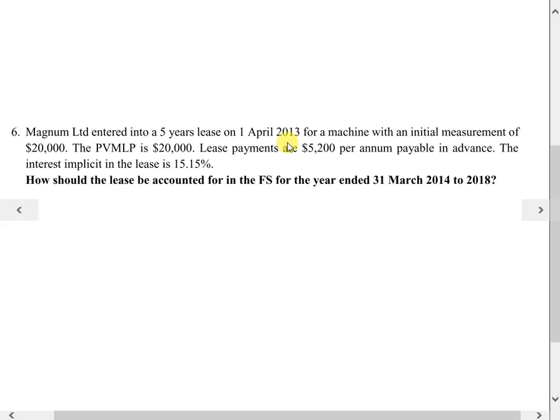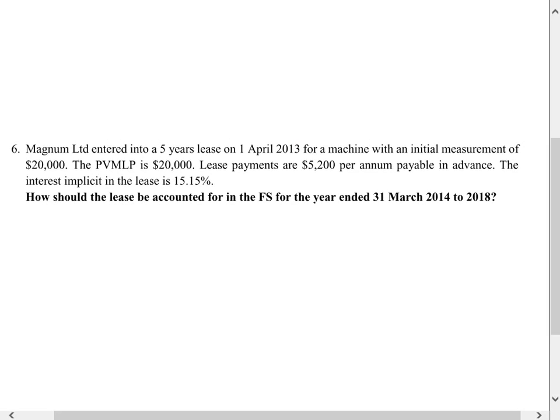Okay, so should we recognize asset and liability? Yes. What's the condition to recognize as asset and liability, I mean, as a lease? To satisfy the definition or the recognition test for IFRS 16, there must be what?